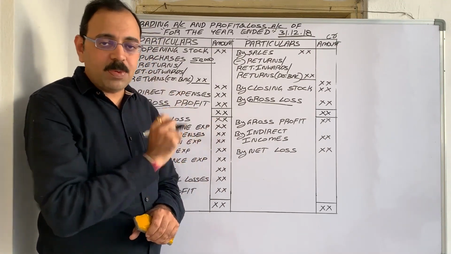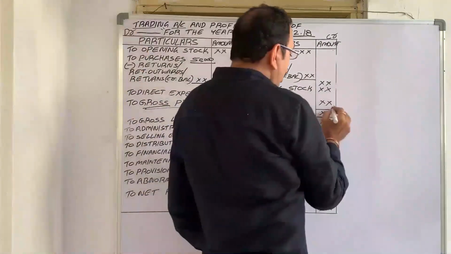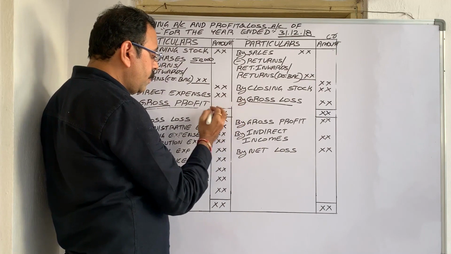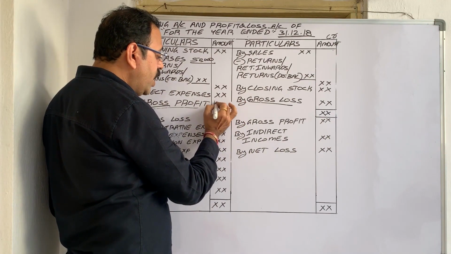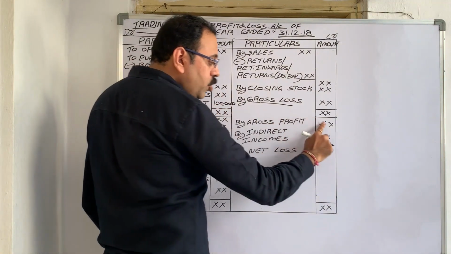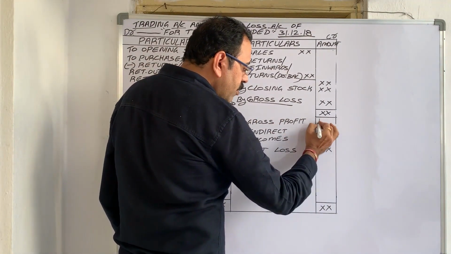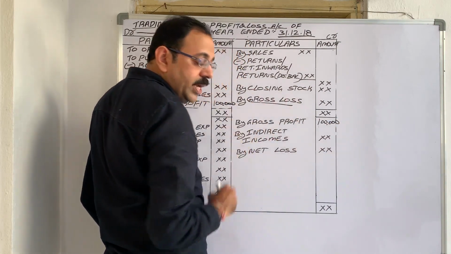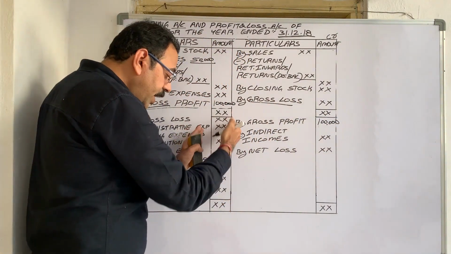With one example, I will explain this point. Gross profit figure is 1 lakh rupees. Then this 1 lakh we take to the P&L account credit side now. Assume there are no indirect incomes, only indirect expenses.